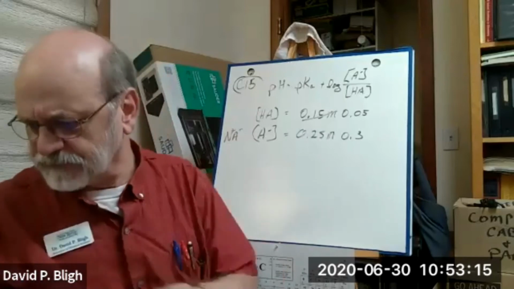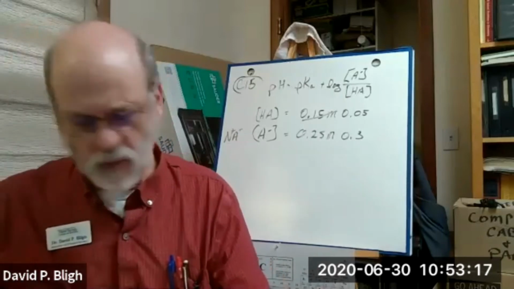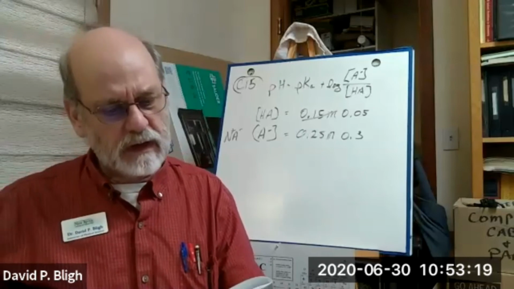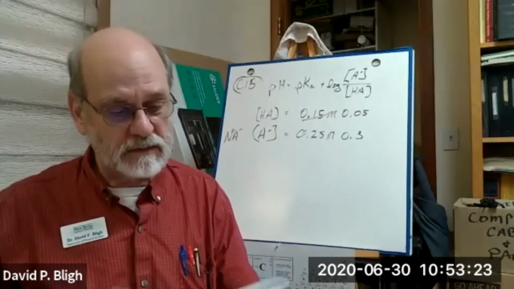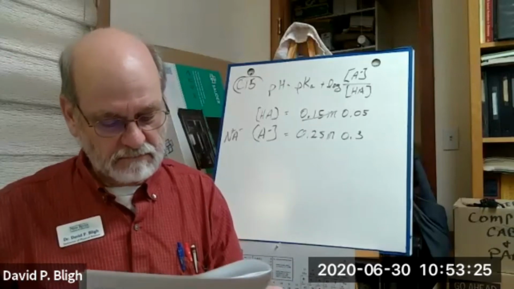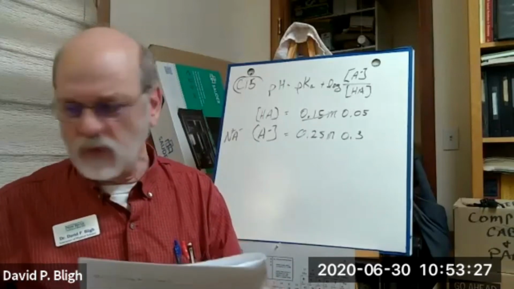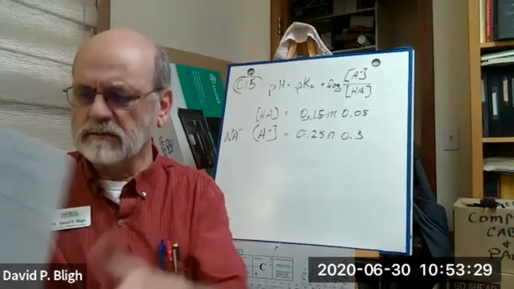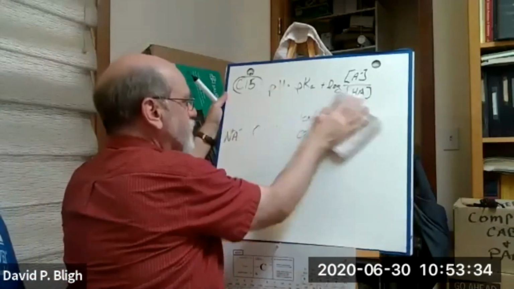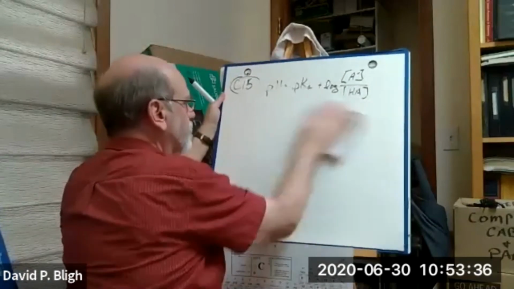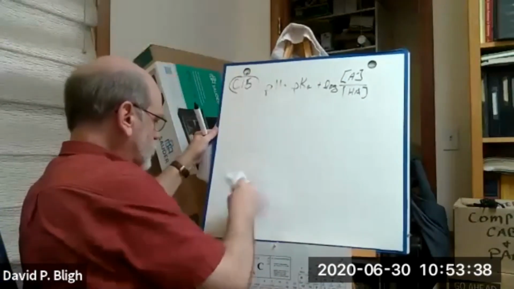All right, so let's see if we can find an example to work from. Let's see. Number 23, that's a good one. I'm going to leave that up there. Maybe we can use it.